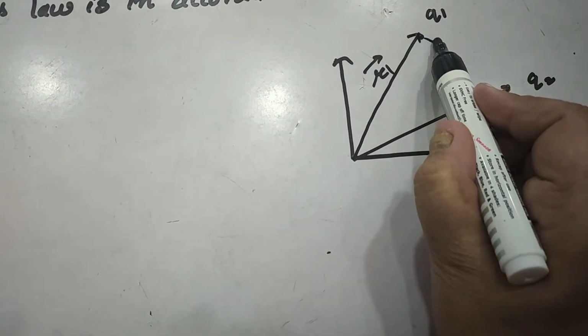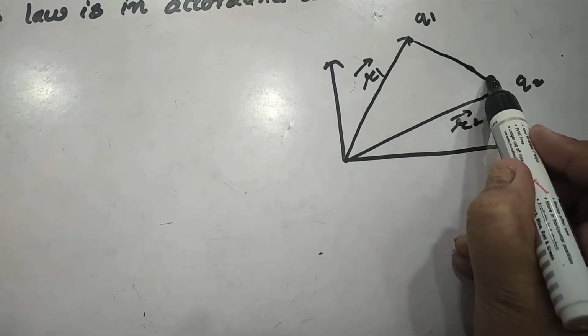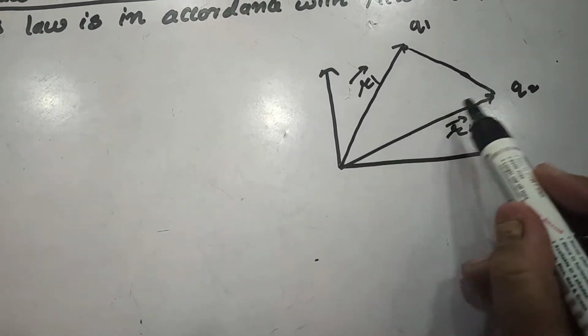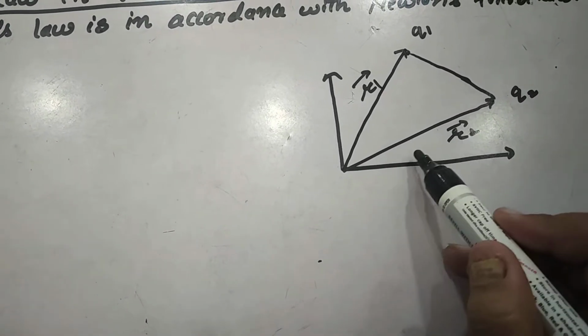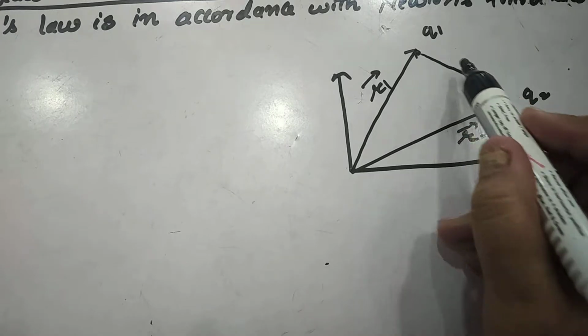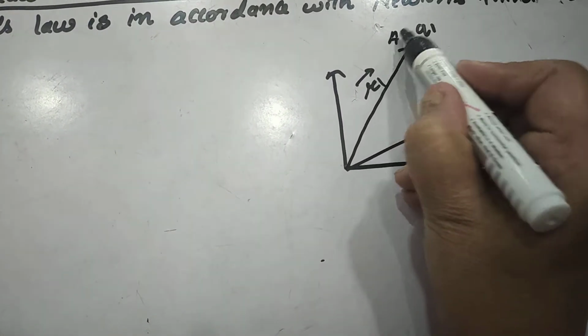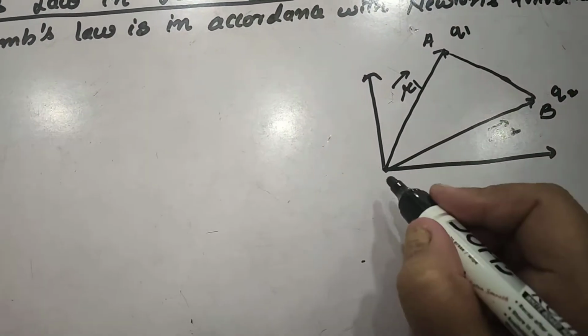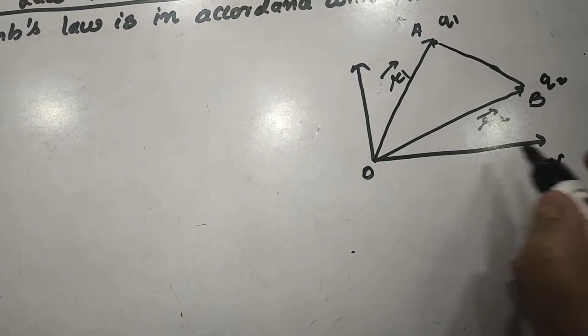So if we join this line, we have studied this earlier. These r1 and r2 are called the position vectors, and the line joining these two points A and B is called the displacement vector. Here O is the origin, with X and Y axes.